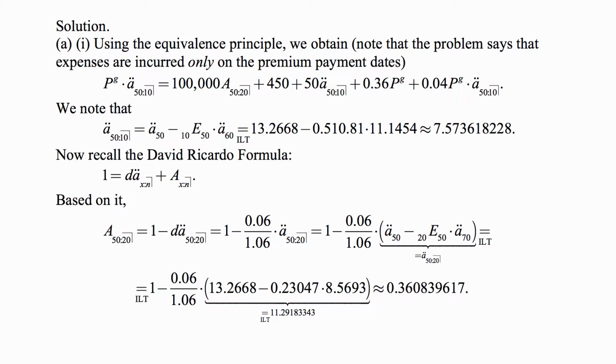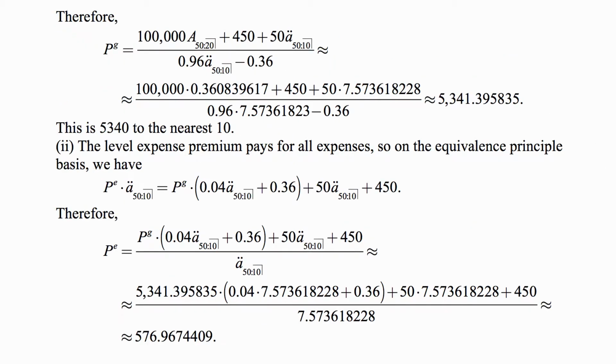And from the illustrative life table, we plug in the values for those, and after all the calculations, we get A:50:20 to be 0.360839617.